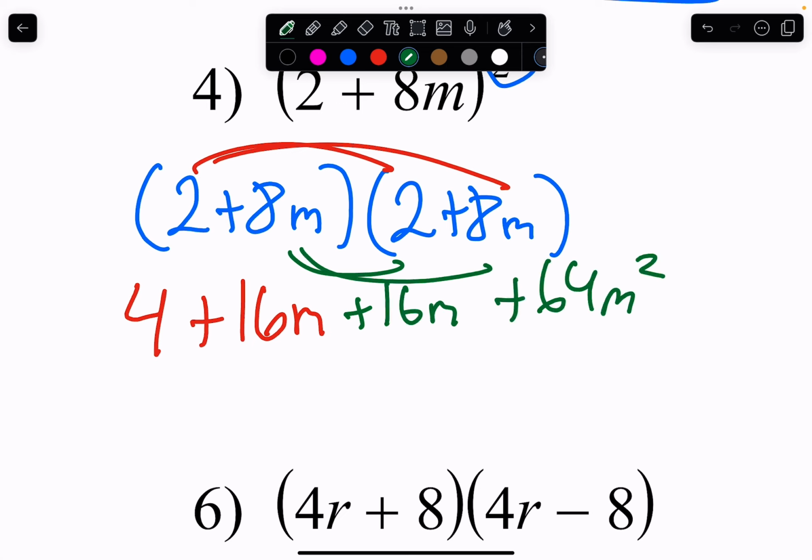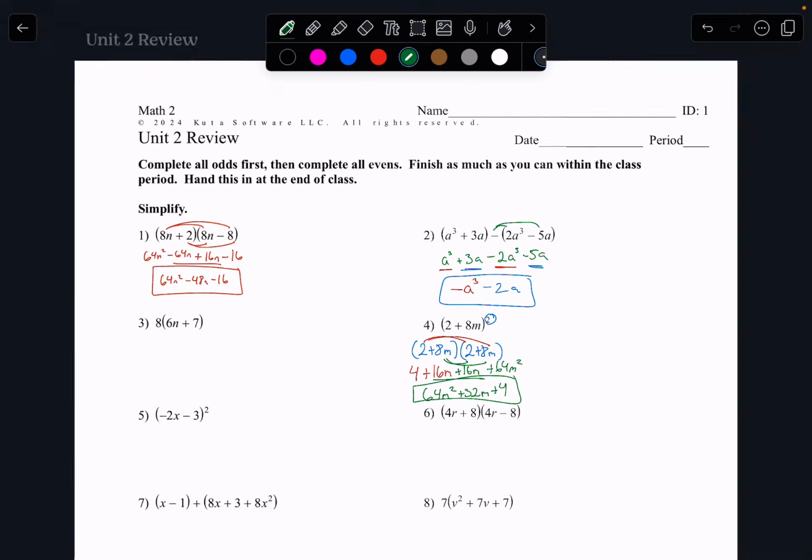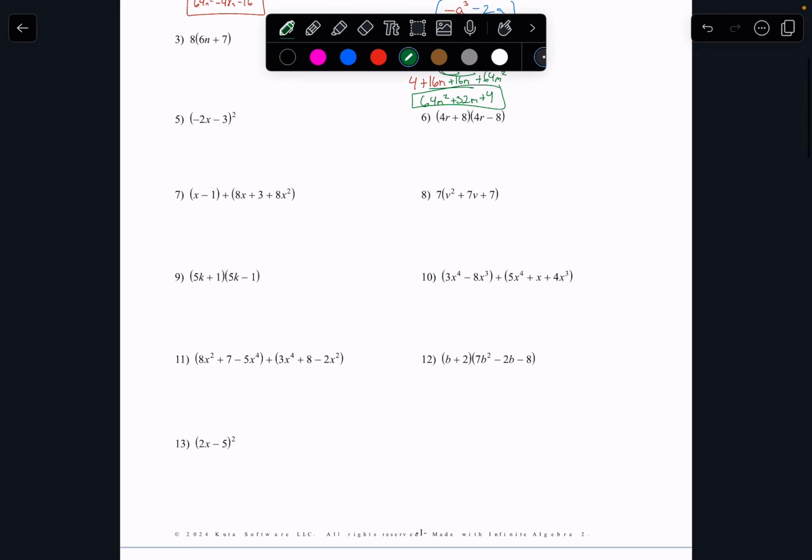And I'm going to go ahead and combine my like terms and write it in standard form. So I'm going to do 64m squared. We've got like terms here. And then we've got our constant there on the end.